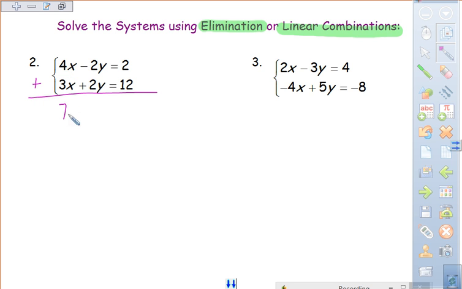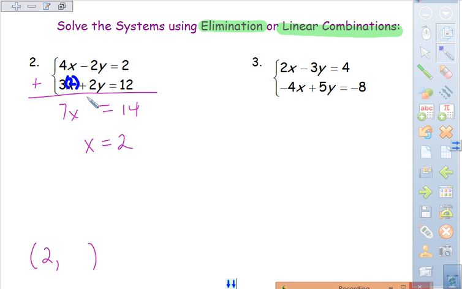4 plus 3 is 7. 2 and negative 2 cancel or eliminate, for 14. Divide by 7, and the first half of our answer is 2. I like the bottom equation better because there's no subtraction, so that's where I'm going to plug this in. So I'm taking this 2 and plugging it in for that x.